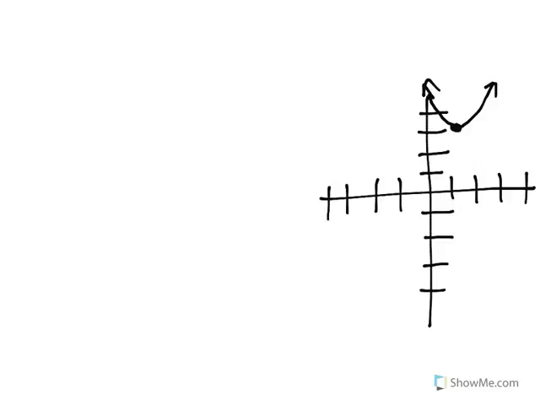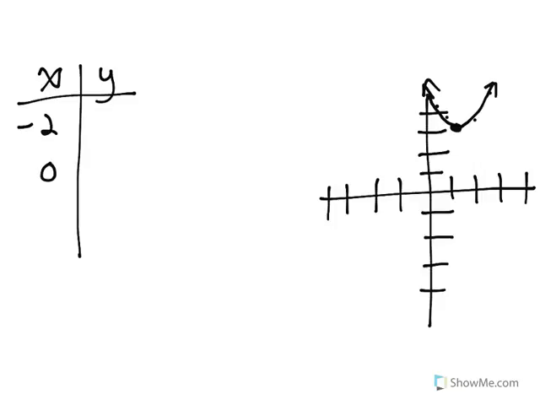So to graph that, we want to find more points on our parabola. So we're going to use our XY table. And we're going to pick values for X and plug them in. Make sure you pick some negatives, 0, and some positives.